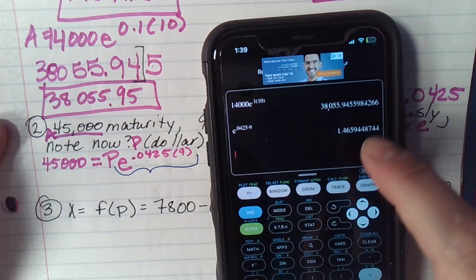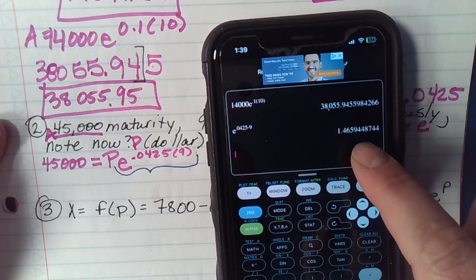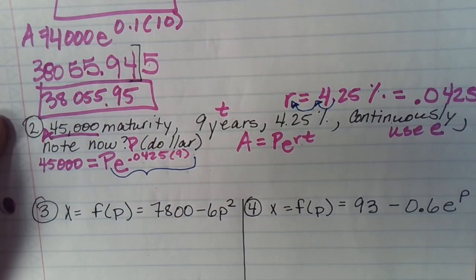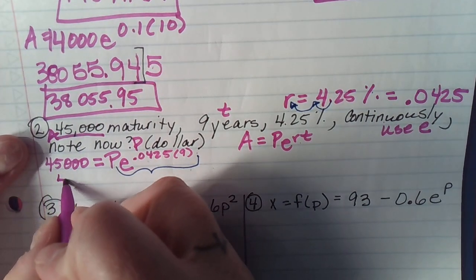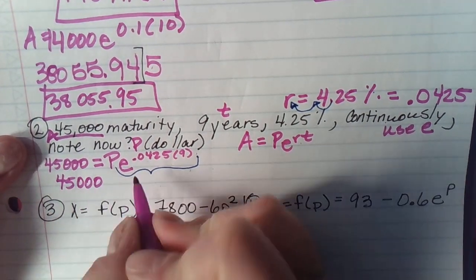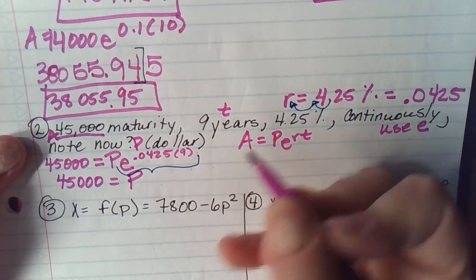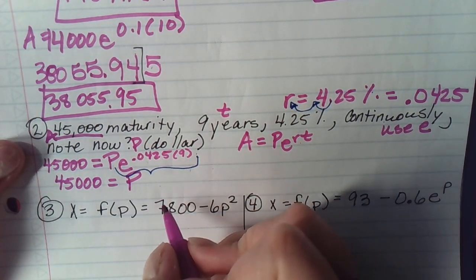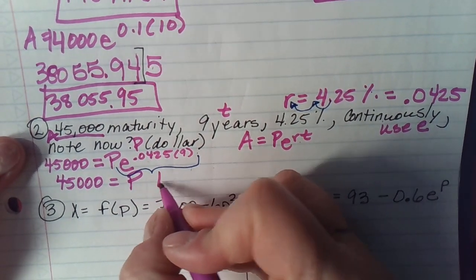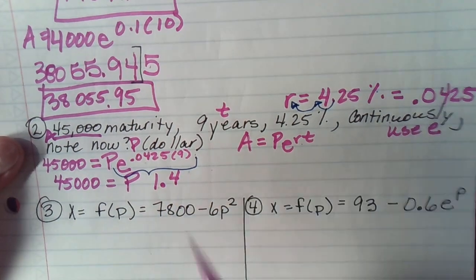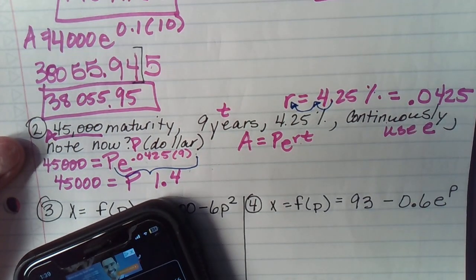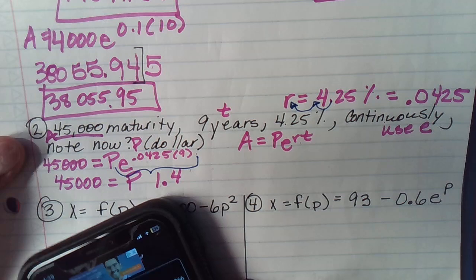And I got 1.4659. Yeah. Okay. So we get 45,000 equals P. And then that E junk is now 1.4, what was it? 659.